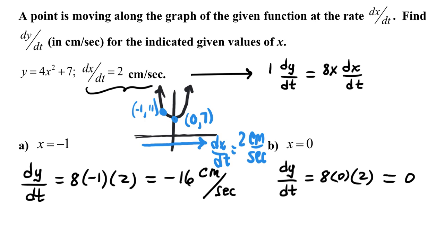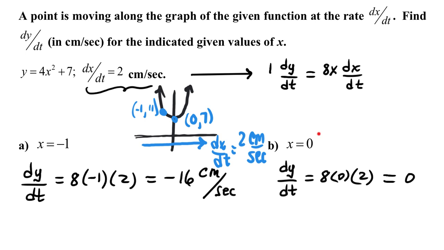This equals -16 centimeters per second. At this precise point on the graph, if x is moving to the right at 2 centimeters per second, your y value, see how steep that can be, is falling or decreasing at 16 centimeters per second.